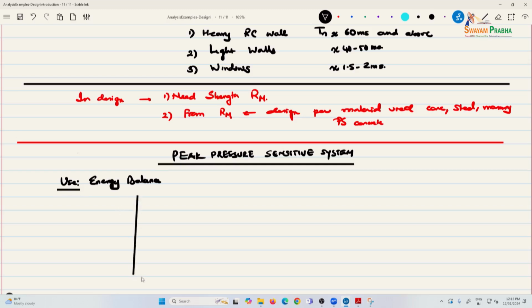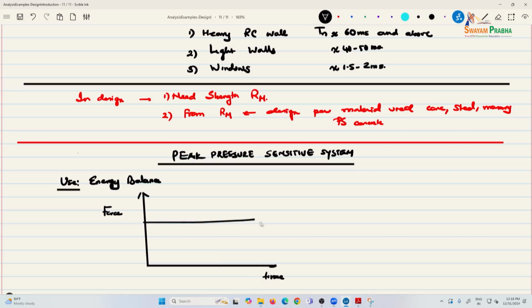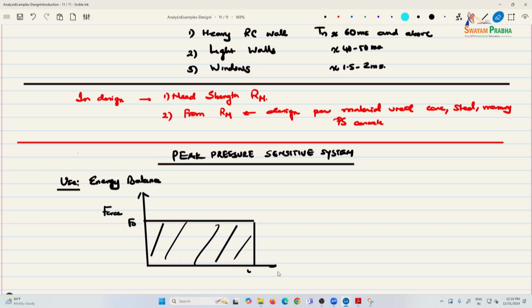So let's consider here a graph of the force versus time, and you have, let's say, constant force over time. Now, instead of time, we'll say this is the response y delta.